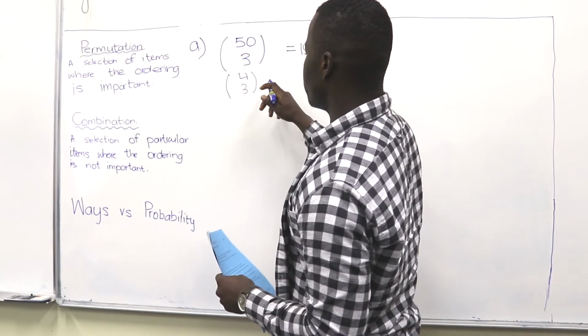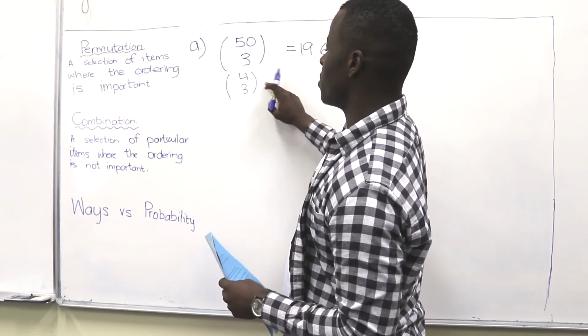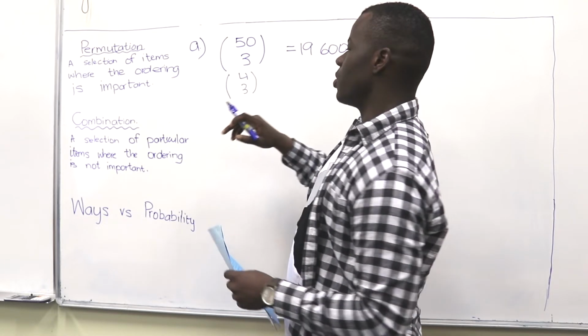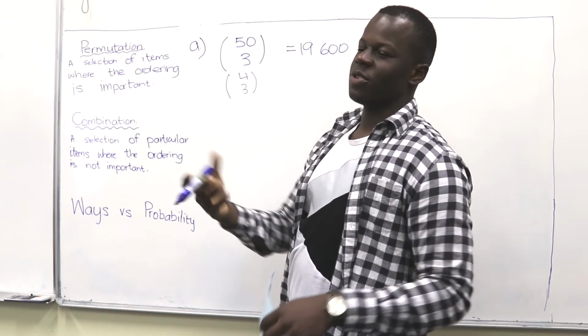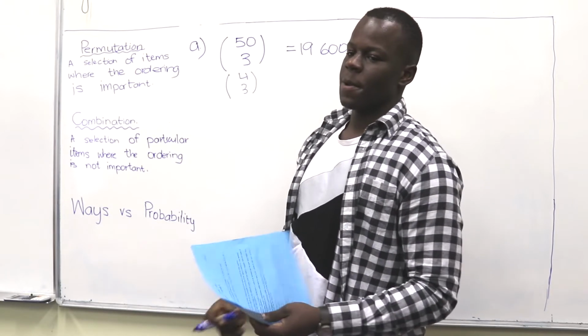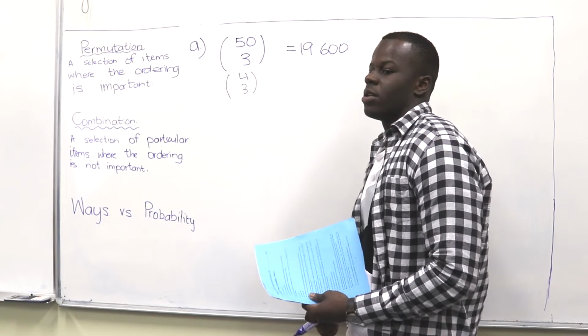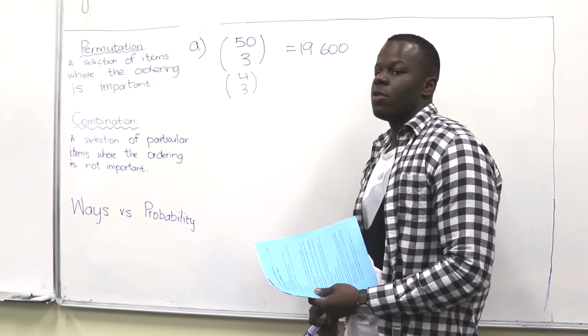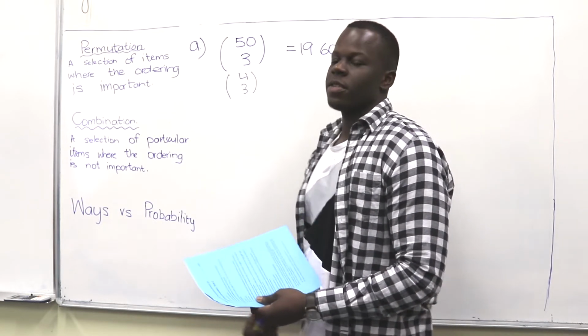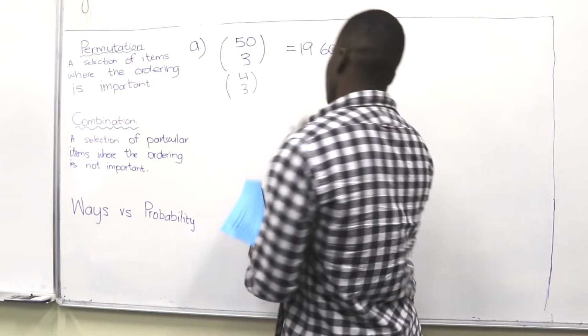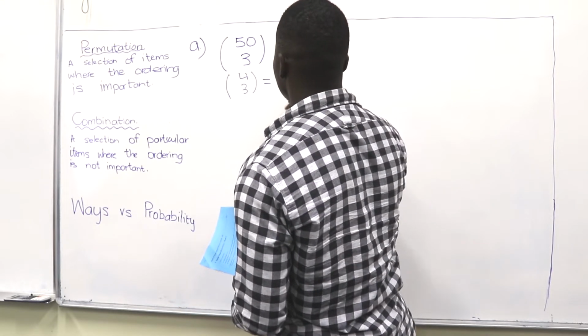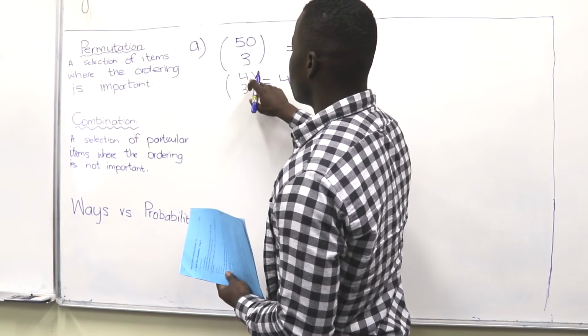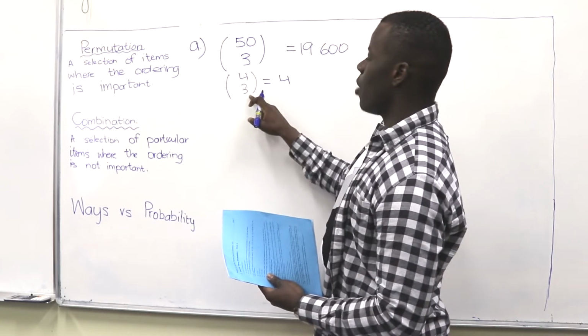That's going to give us the number of different ways that the 4 organizers can win each of the 3 prizes. Could somebody calculate that for me? 4 choose 3, yeah. It's 4.